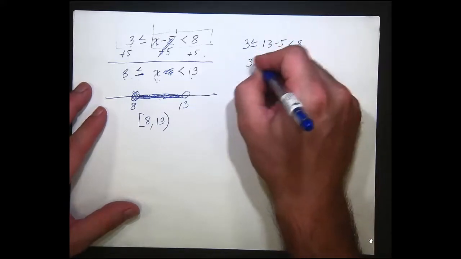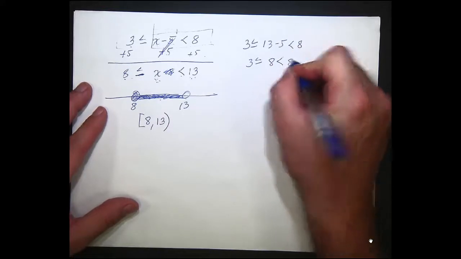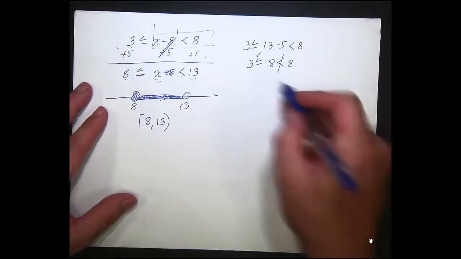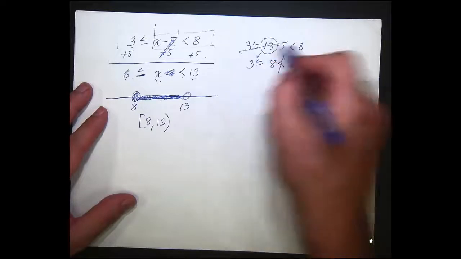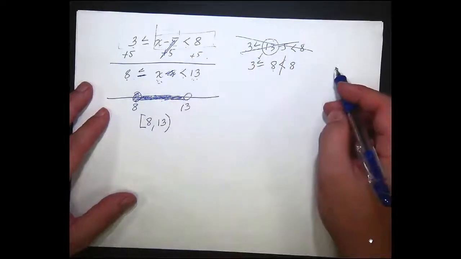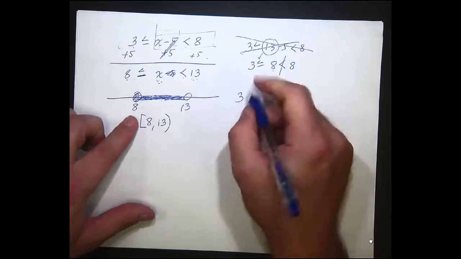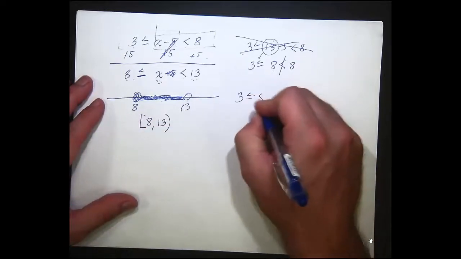3 is less than or equal to 13, which is less than 8. This part of it's true, but this part is not. So 13 does not satisfy this inequality. However, you try an 8 here as x or anything in between and it'll work just fine. Let me put the 8 in there.